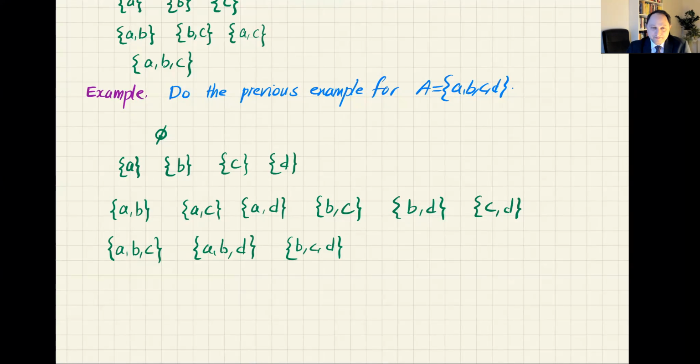C, D, A. Yes, so there are more. What you said, C, D, A, so let us write A, C, D. Is there any more?